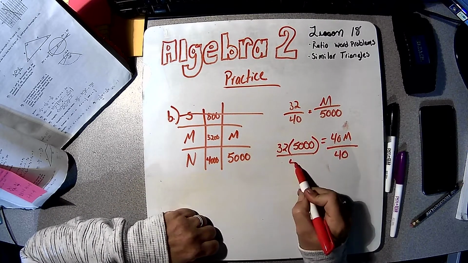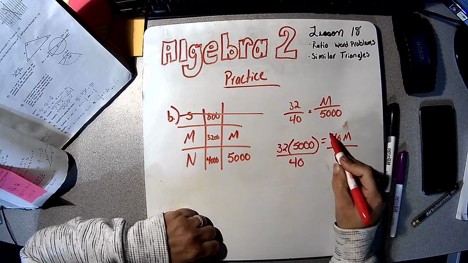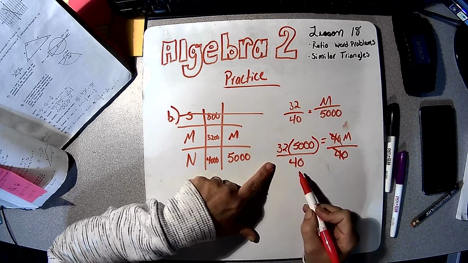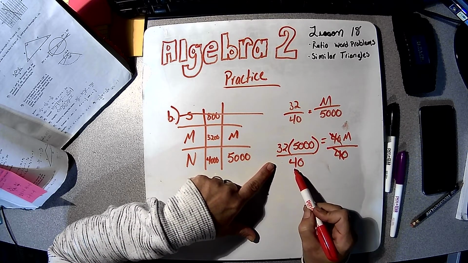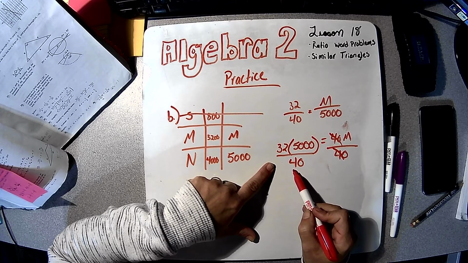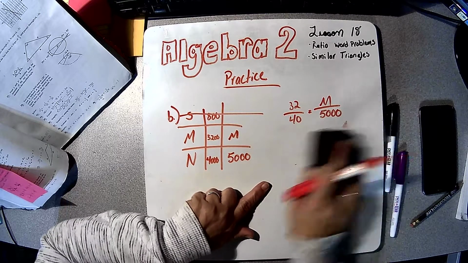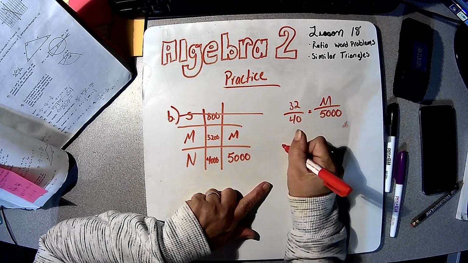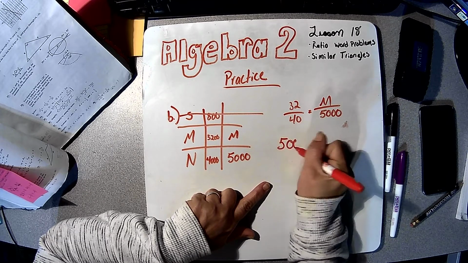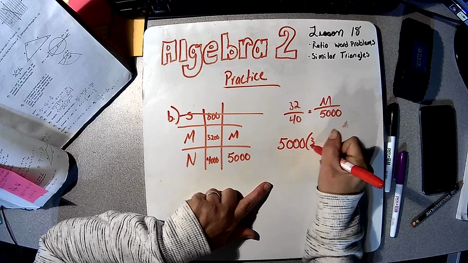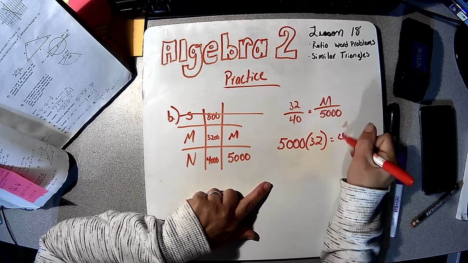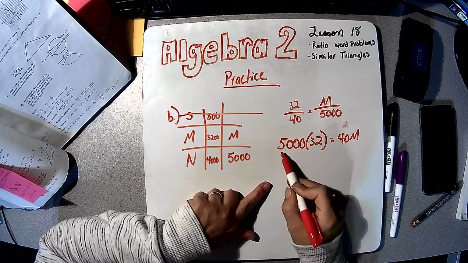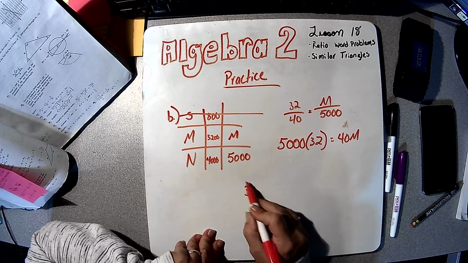We could multiply first, but I think it's going to be easier if we do it this way, because 32 and 40, let's see. Nope, we're going to multiply first. Let's do that first. Alright, 32 times 5,000.